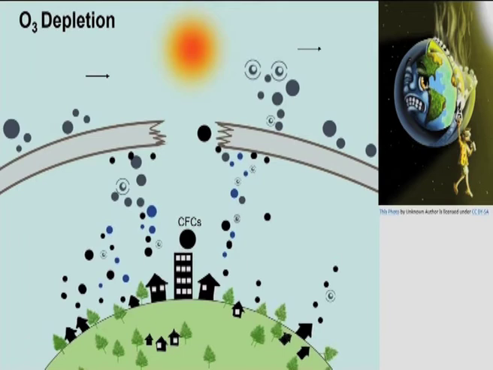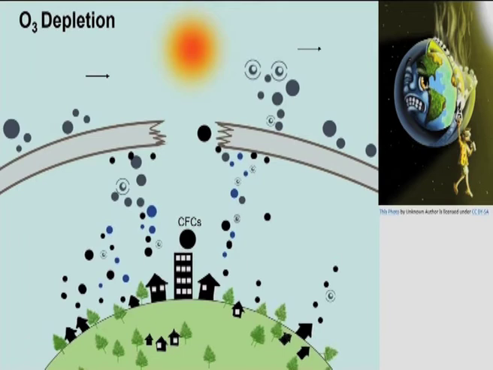Now, we should also know about ozone depletion. This is actually happening at an unprecedented rate in this 21st century, which we also call the world of industrialization, because there are many factories coming up, right?